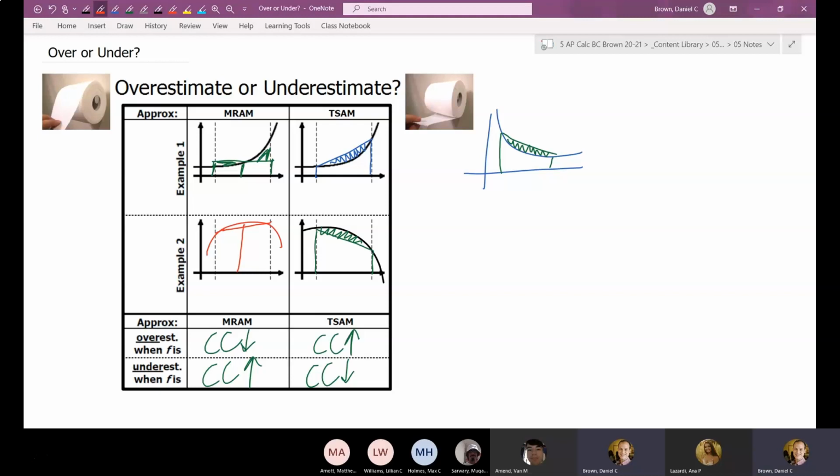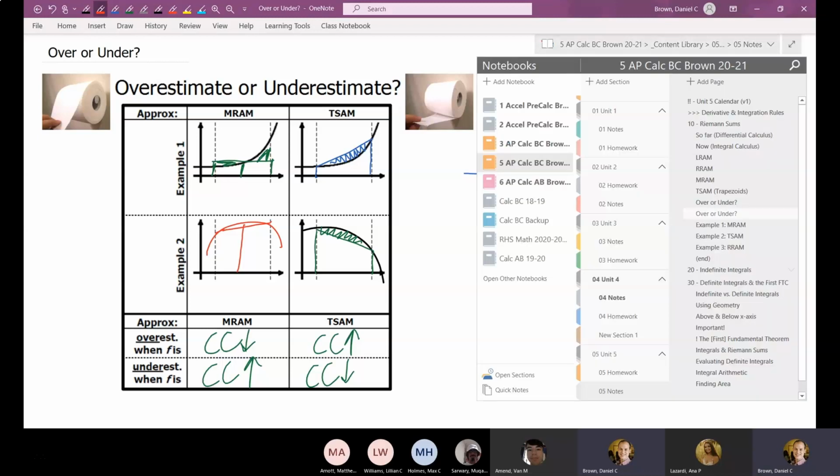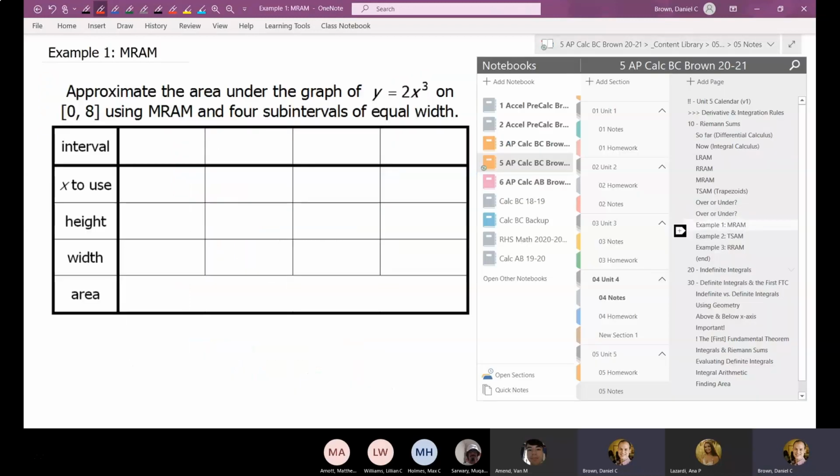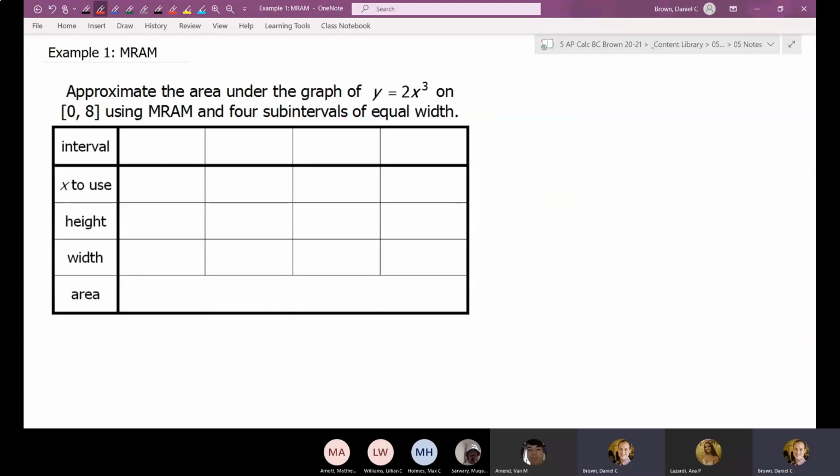So for the second part of notes, I just have 3 examples. We're just going to be finding LRAM, RRAM, MRAM, or TSAM, and then for some of them, we'll go back and look at whether it's going to be an over or an underestimation. So first example, I have approximate the area under the graph of y equals 2x cubed on the interval from 0 to 8 using LRAM and 4 subintervals of equal width.